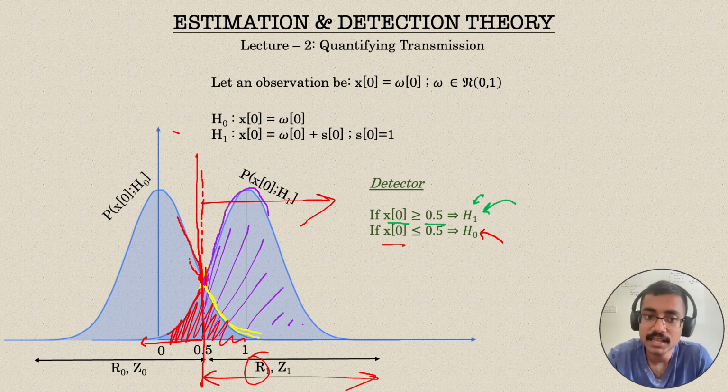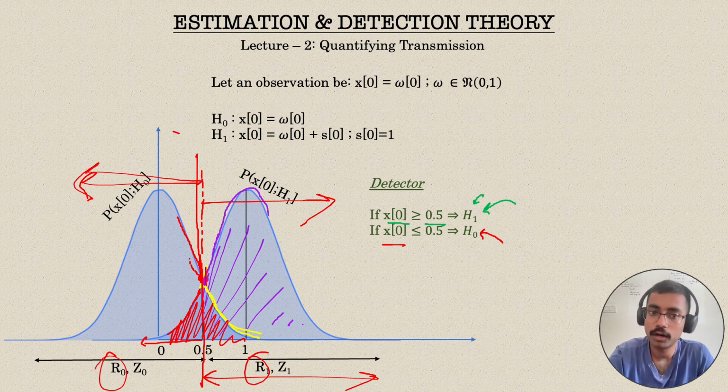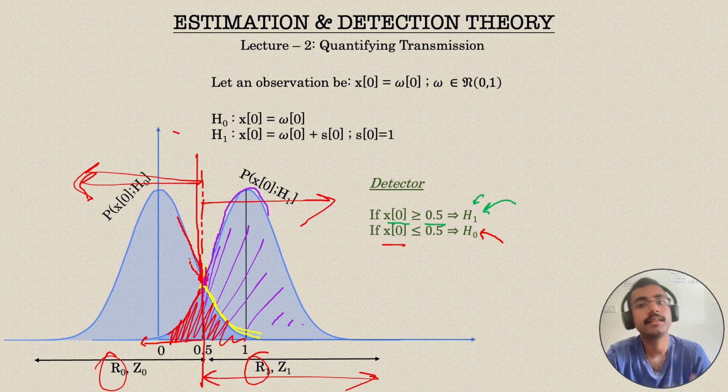We have the observation space R1 under this region. Similarly, if the observation is below 0.5, this entire region will fall under observation space R0. Okay, is that clear? I think explaining it with the help of probability is clear up to now.